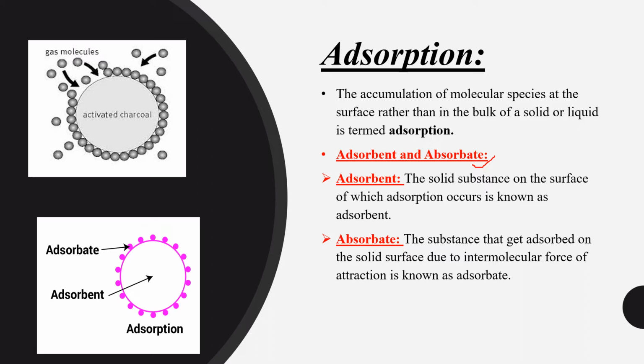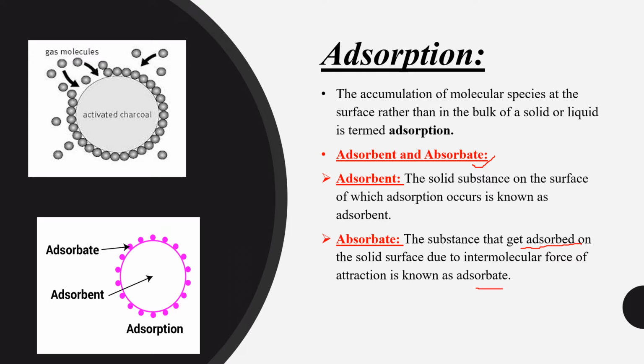The matter or the surfaces on which the adsorption takes place are known as adsorbent, whereas adsorbates are the substances that get adsorbed on the solid surfaces due to the intermolecular force of attraction.